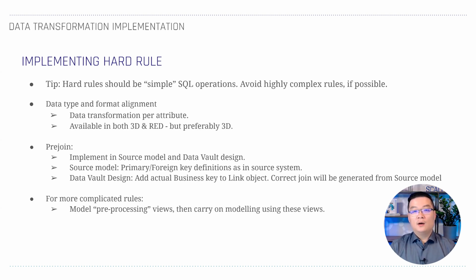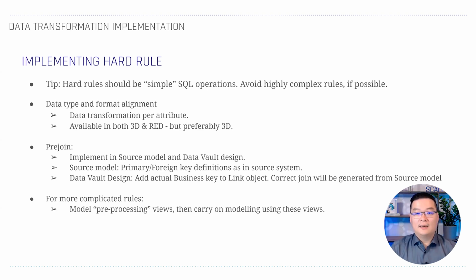You can do data type or format alignment in both 3D and RED, but we certainly recommend doing this in 3D, in the data modeler. And you can do this by defining a data transformation per attribute.